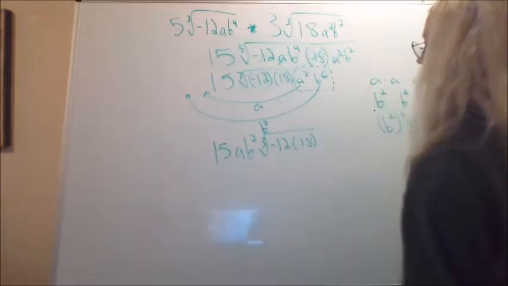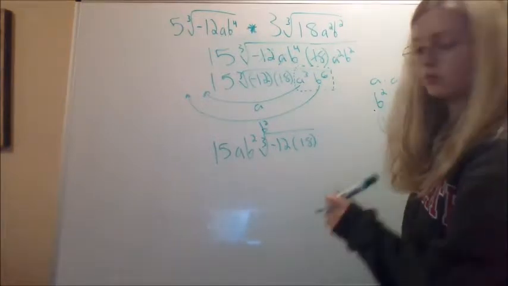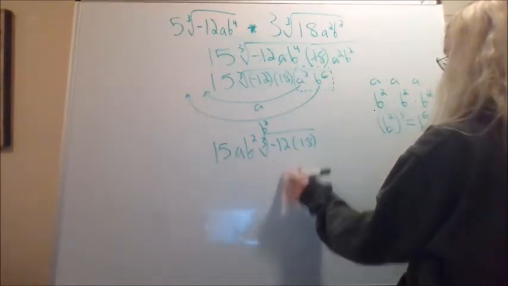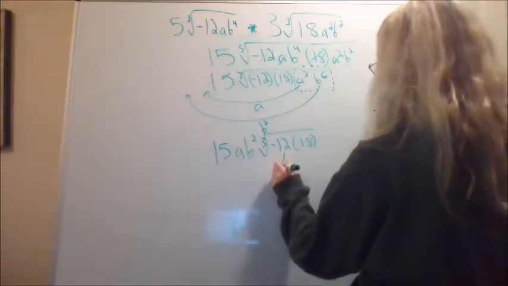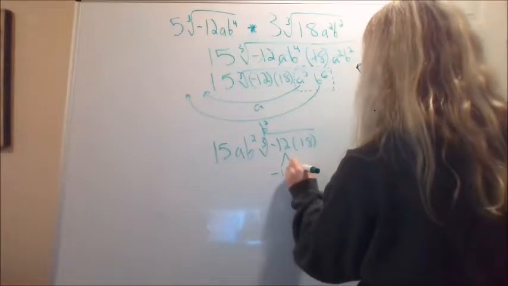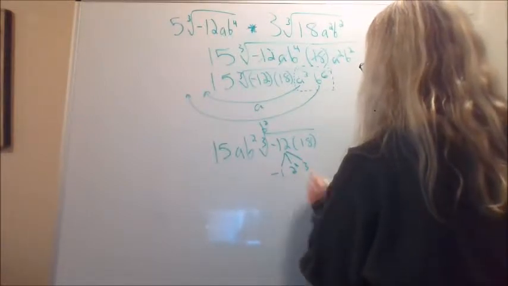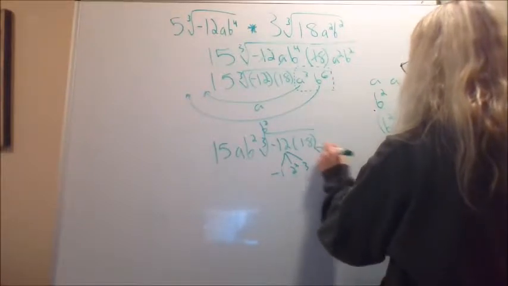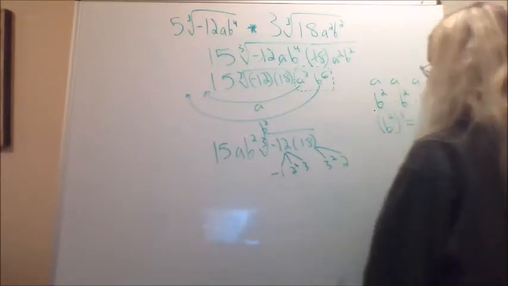And with these constants here, we want to write out the prime factorizations of each of these. So negative 12 is negative 1 times 2 squared times 3, and 18 is 3 squared times 2.